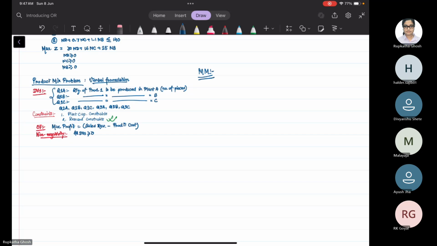Now, what is mentioned in the question? That the demands are 1,000, 2,000 and 3,000 pieces respectively for products 1, 2 and 3. So how will you write the constraint? Can anyone say other than Ayush and Divyansh? Malayaja, can you give it a try?